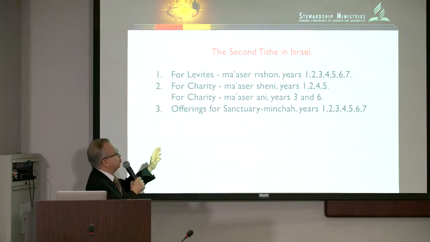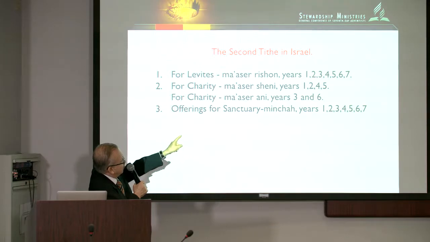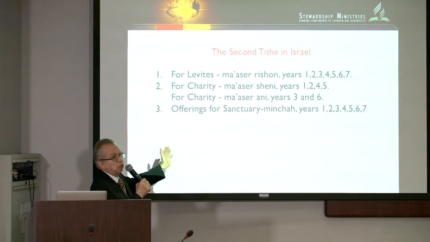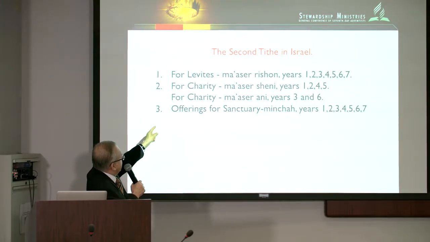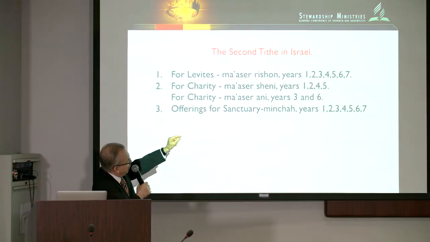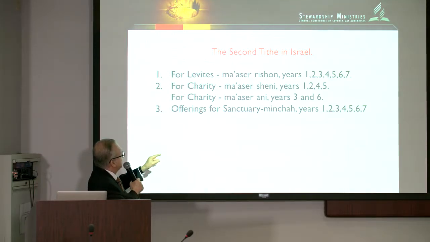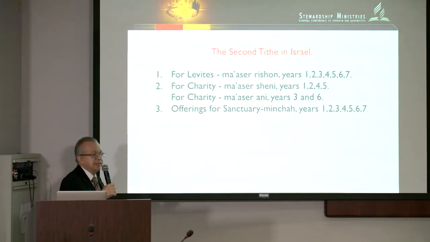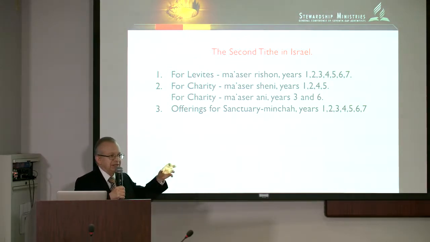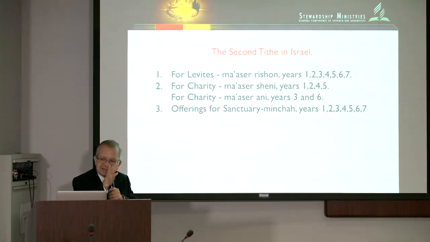And that distribution applies in the first, second, fourth, and fifth years of the cycle. In the third and sixth years, the second tithe for charity is called maser ani. So you can see that there is no confusion in the language, to clarify the distinction.